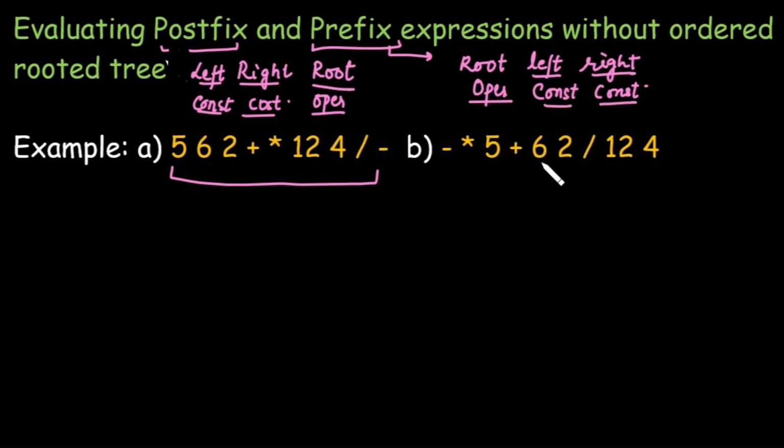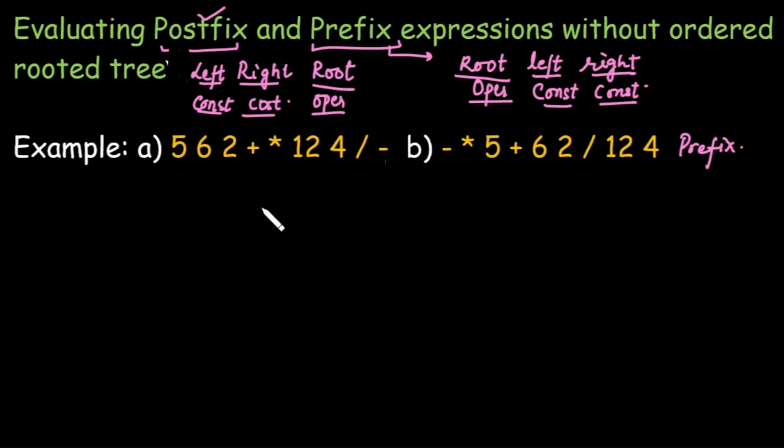Now whether this is a prefix or a postfix, as the operator is at the end, and the operator is at the end only in the postfix, it means it is a postfix expression. Whereas in the next case, it starts from the operator and the operator is always root, so it is the prefix notation.